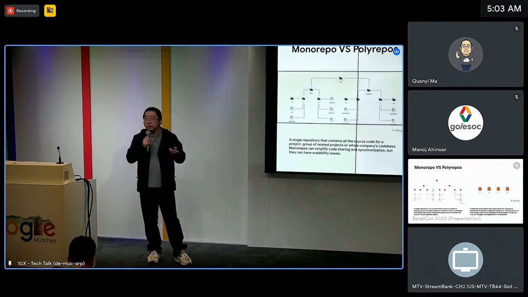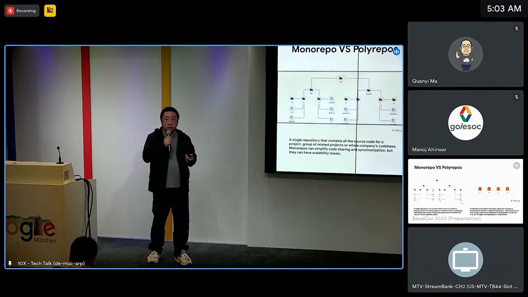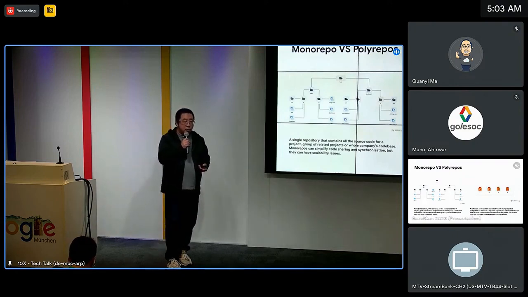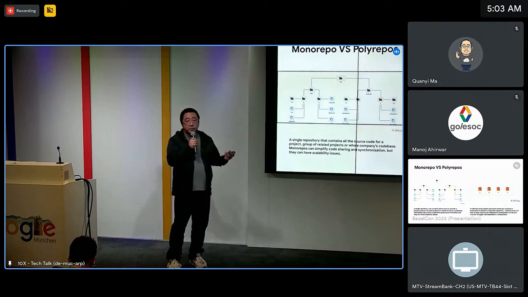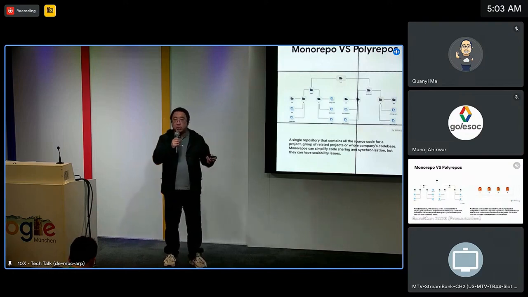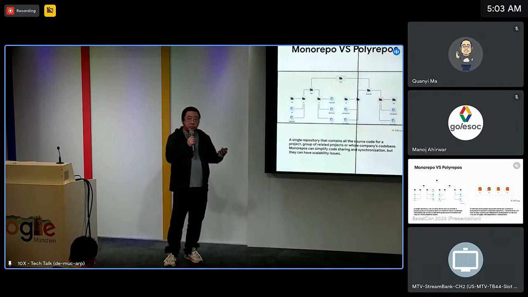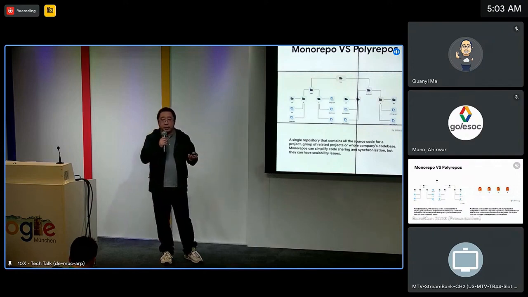There are two ways to host our code base: Monorepo and Polyrepo. A Monorepo, as the name suggests, is a single repository containing all the code, or multiple related projects. Imagine an entire company's code base in one place.